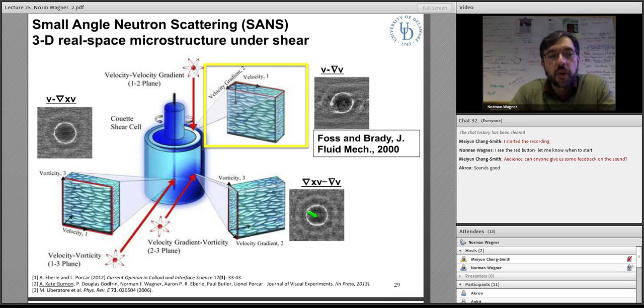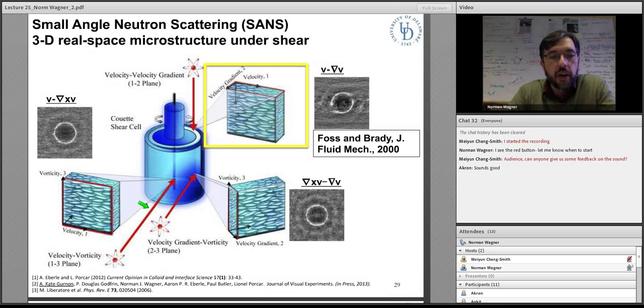But this gives you an idea. So if I take a Couette geometry shown here, the sample sits in between the 2 cylinders. I rotate the inner cylinder. I can pass the neutrons directly down the axis, or orthogonal to the shear axis, in the so-called radial configuration.